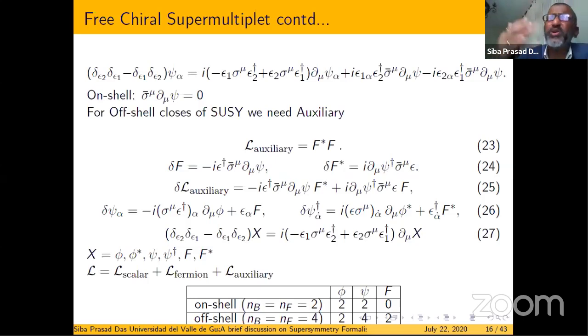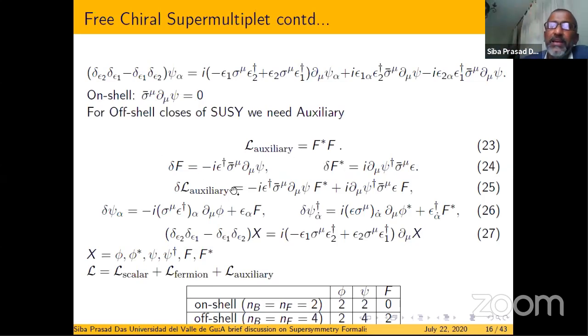To handle this, not only Wess and Bagger, there are many people, I forgot their names, they introduced an off-shell formalism to get rid of the extra degrees of freedom mismatch. For the off-shell case, they introduce one field, which is called F, an auxiliary field. This doesn't have any kinetic term, only F dagger F terms.